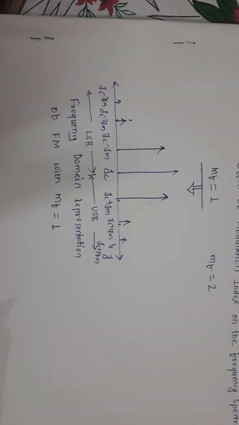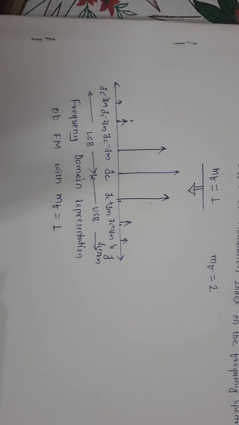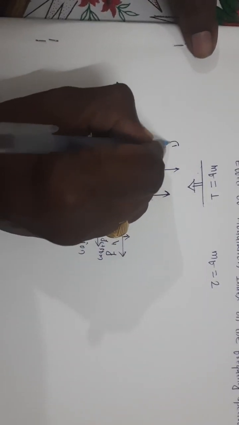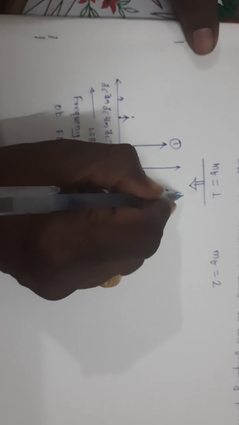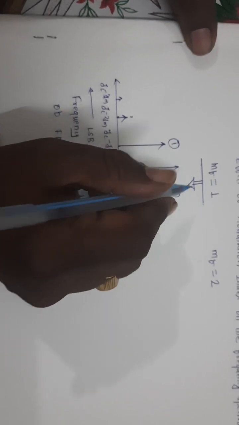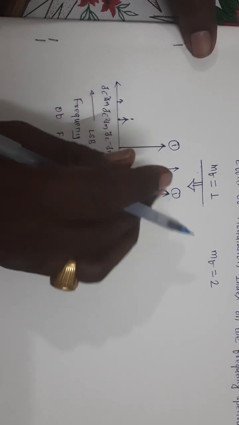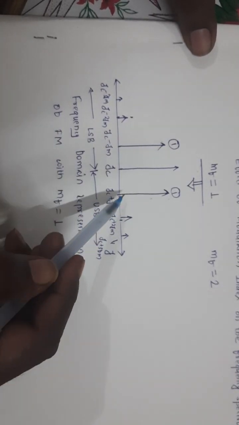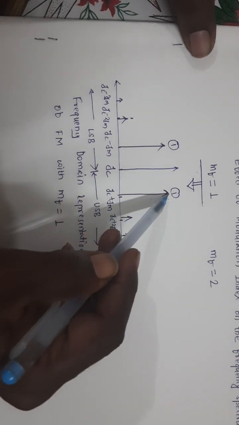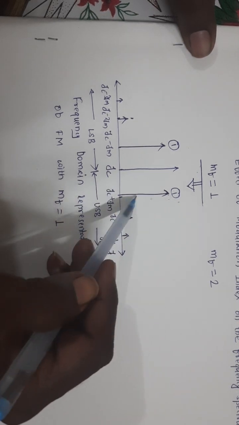Now we observe that these sidebands have a significant amplitude. Significant amplitude means an amplitude which has some significant value.